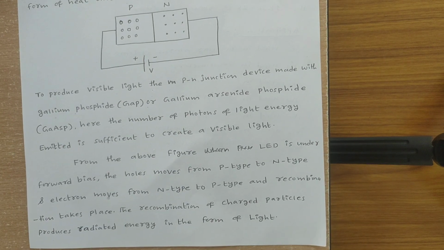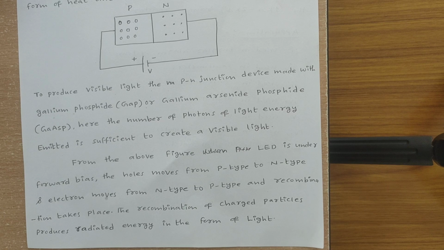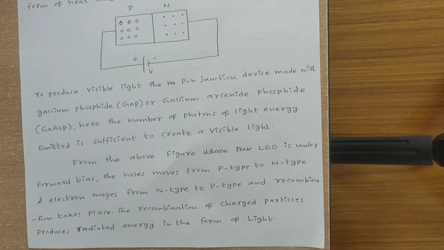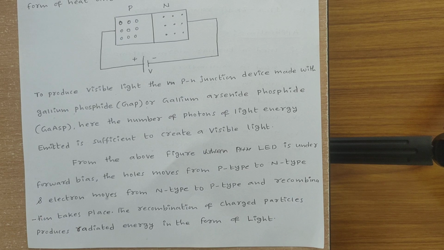When recombination takes place, the recombining charged particles produce radiated energy in the form of photons, that is nothing but light. In this way LED will produce light.